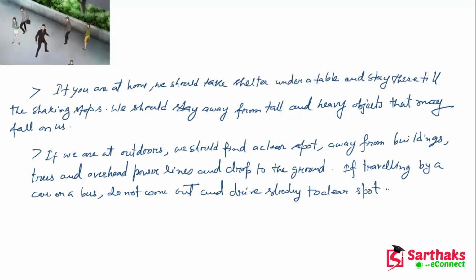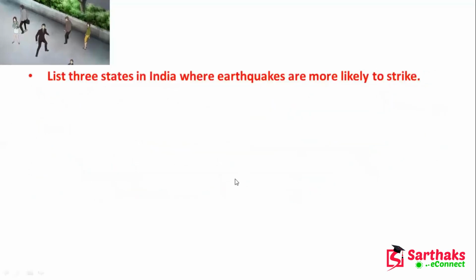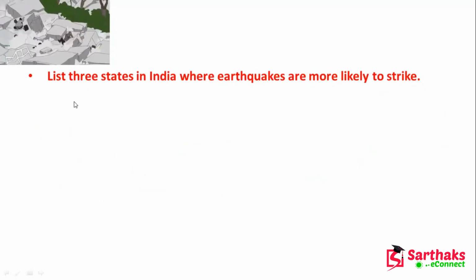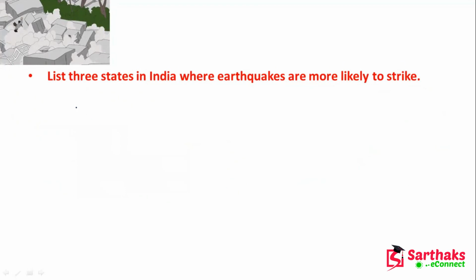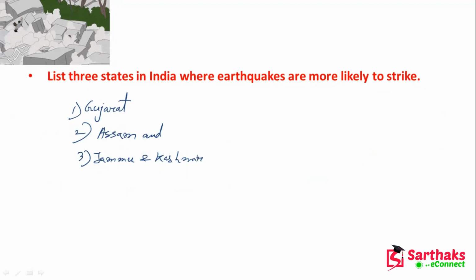Okay. List three states of India where earthquakes are more likely to strike. Gujarat, Assam, and Jammu and Kashmir. Okay.